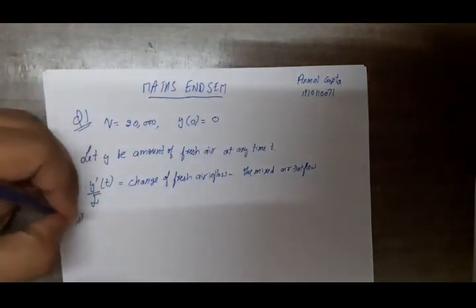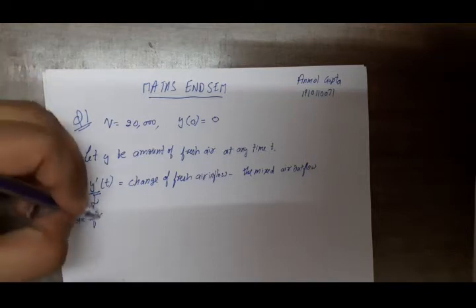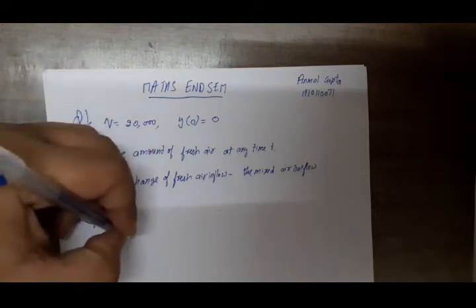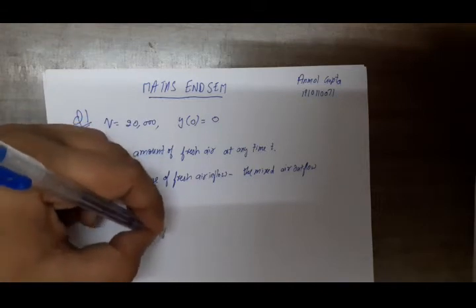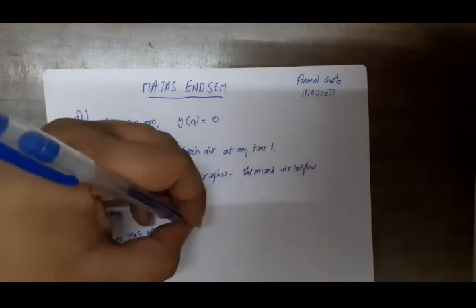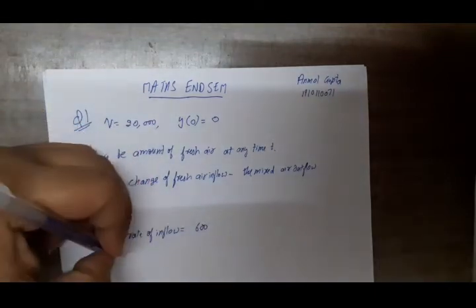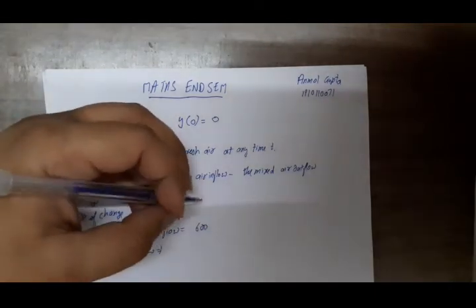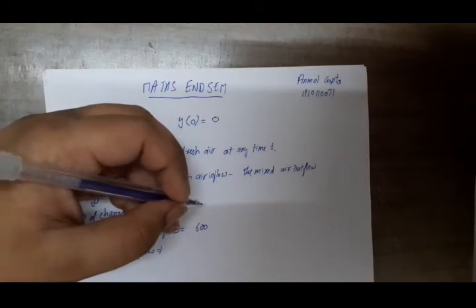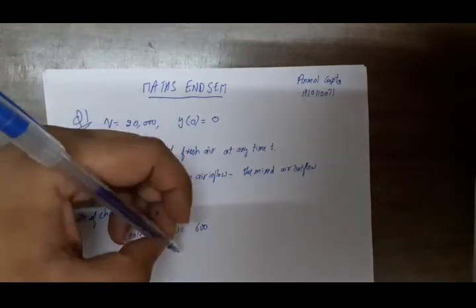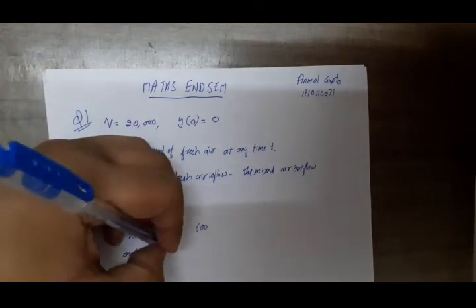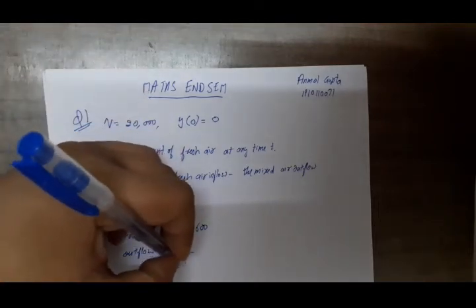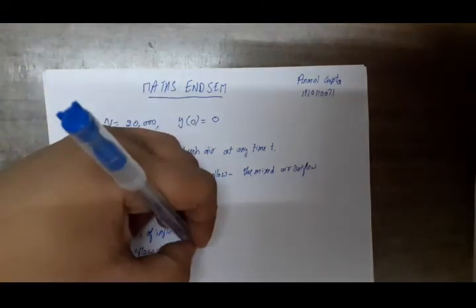So y dash t is the rate of change, and we know that the rate of inflow is 600 and the outflow would be, since 600 cubic feet per minute of air is thrown out, 600 by 20,000 into y.